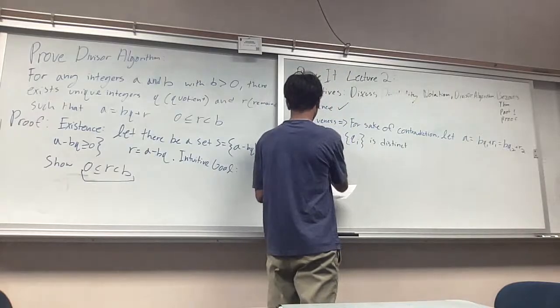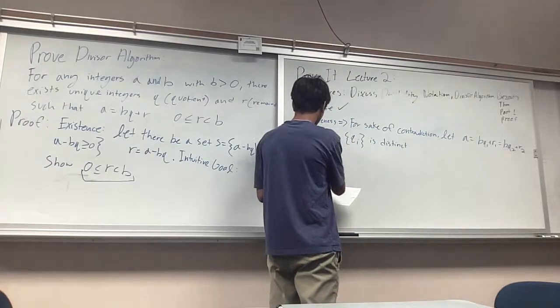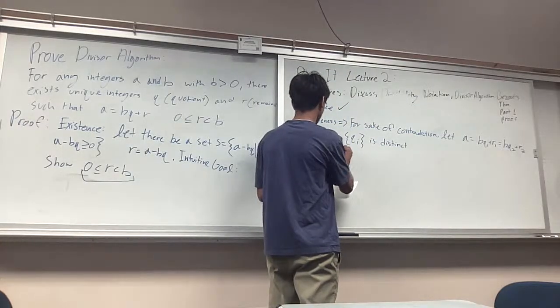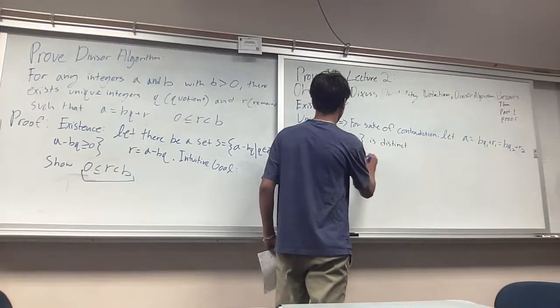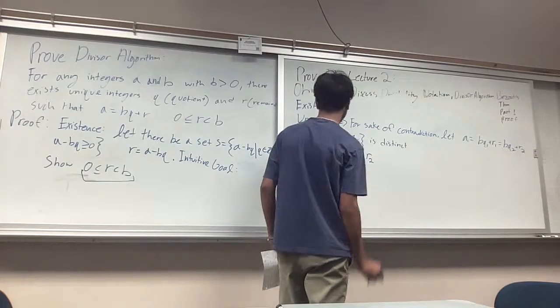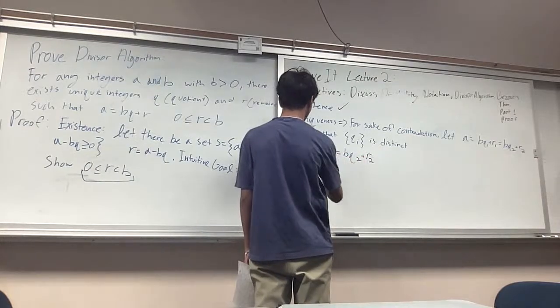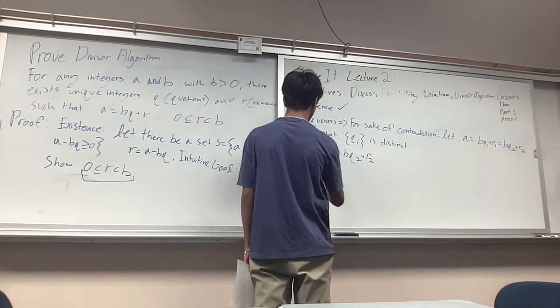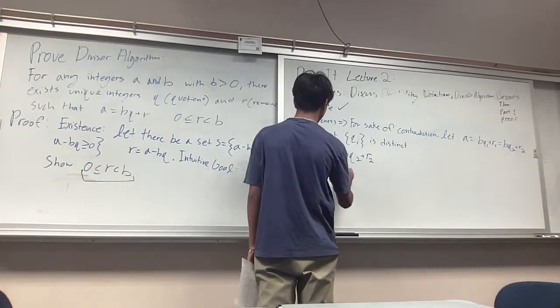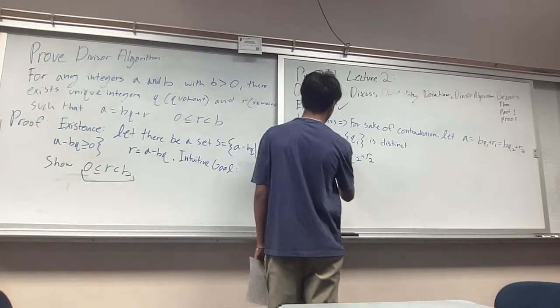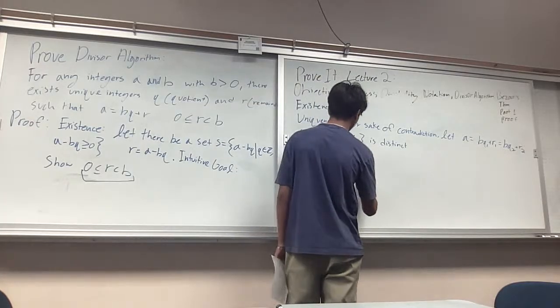Okay, so again, algebra is going to help us. Subtracting BQ2 from both sides yields B times (Q1 minus Q2). And then subtracting R1 from both sides yields R2 minus R1.